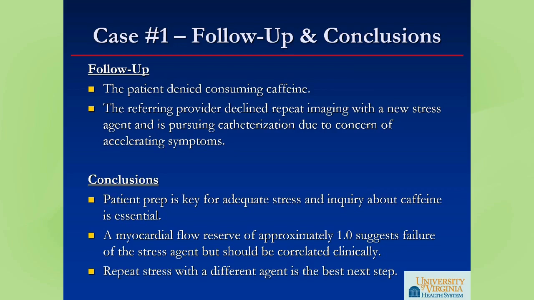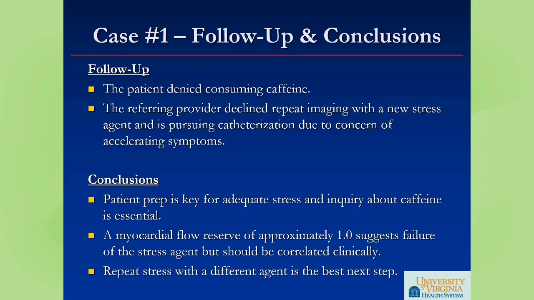It's also possible that the patient could have a failure of that vasodilator for other reasons. The cleanest way to proceed in this situation, if the patient says, well, yes, I had a Starbucks Venti, some sort of caffeinated drink, is to just have the patient come in and repeat the stress portion. However, even if they don't report caffeine, it would probably make sense to have this patient come back for repeat imaging with a new stress agent, such as dobutamine.